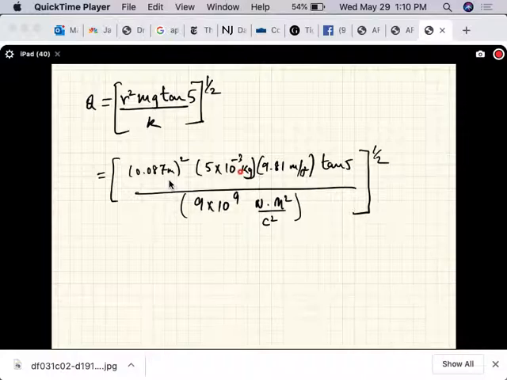Kg meter per second square is newtons. That cancels, the meter square cancels, the Coulomb square comes to the top, and to the power half gives you a Coulomb. All the units work out good.